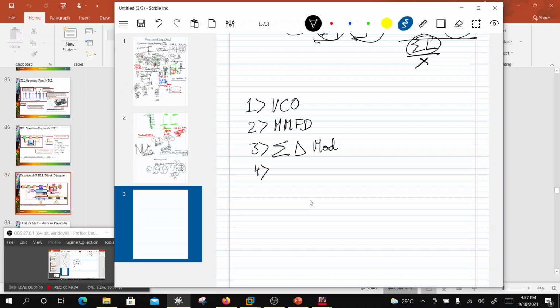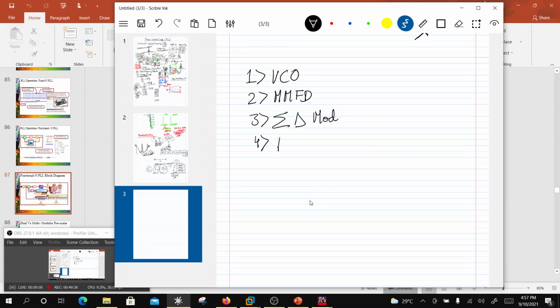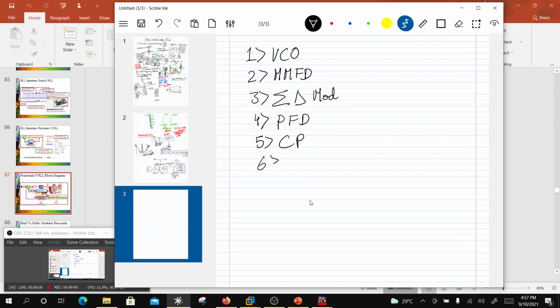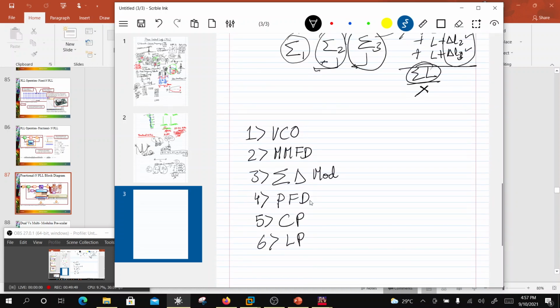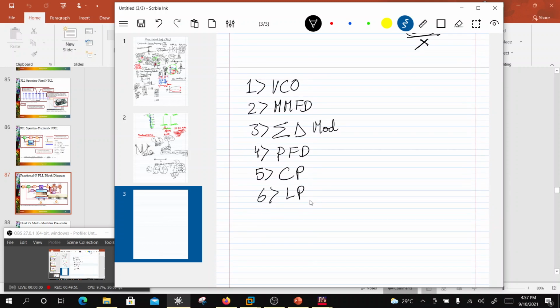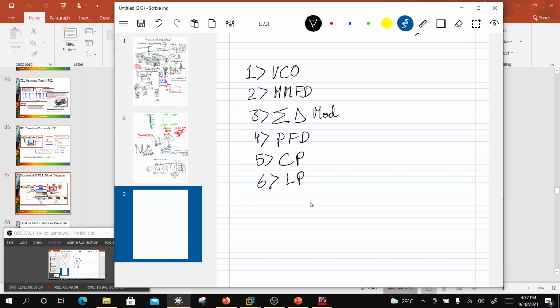Fourth thing I'm going to see is a phase frequency detector, or PFD. Fifth thing I'm going to see is a charge pump, and sixth thing I'm going to see is a loop filter, right? So these are the essential blocks of an analog PLL, and this is a fractional N PLL, right? So let's see these blocks in ADS.